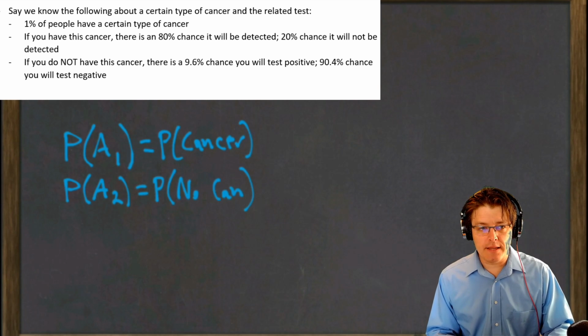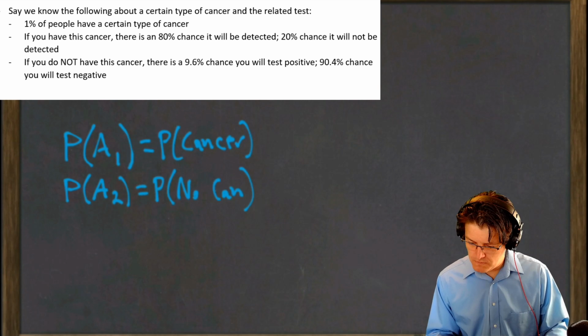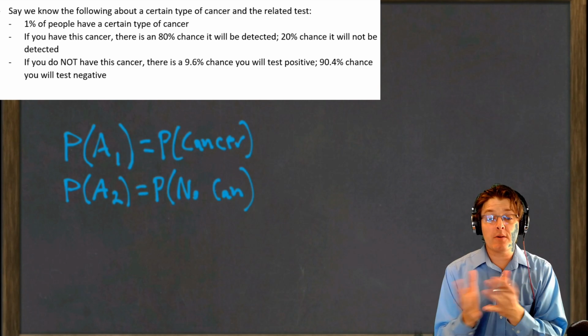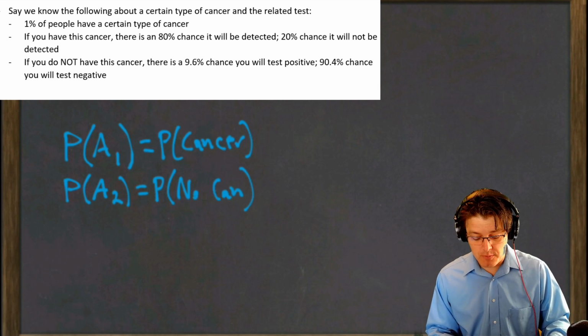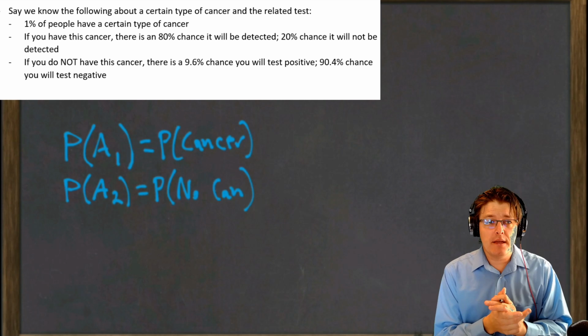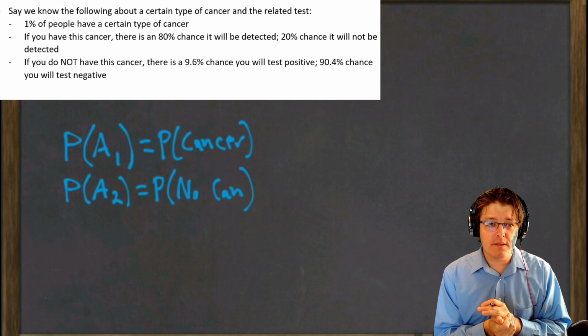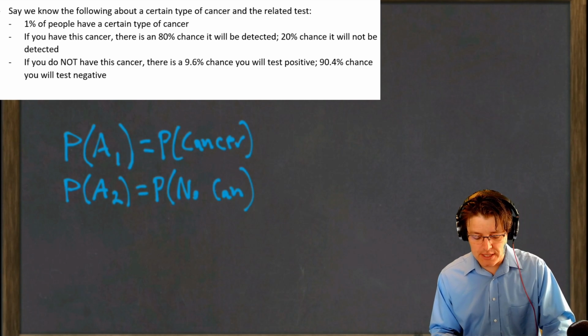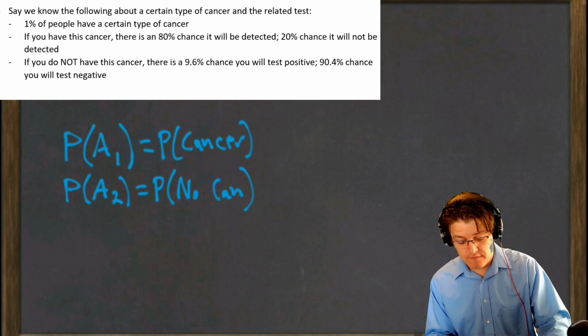Okay, and so we can quickly answer that question, right? Before we go in and get the random screening, our probability of having the cancer, if we're just one of the random people in the society, is simply 1%.